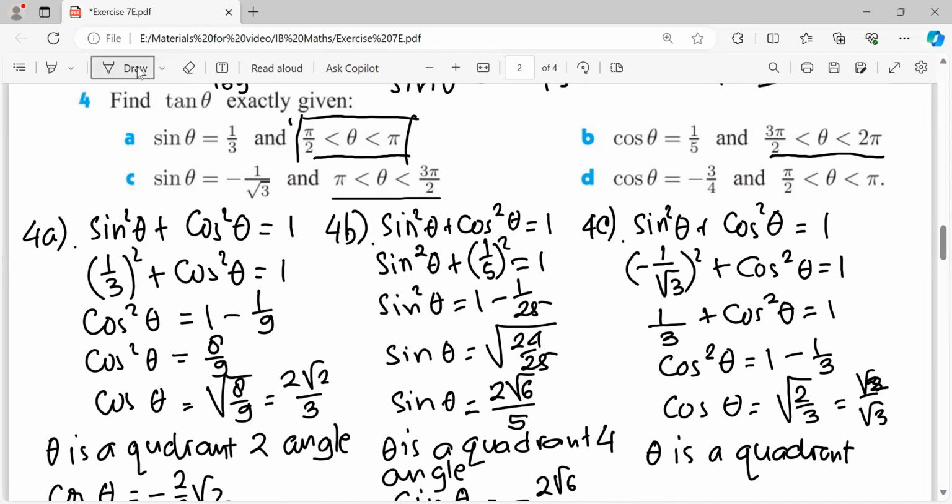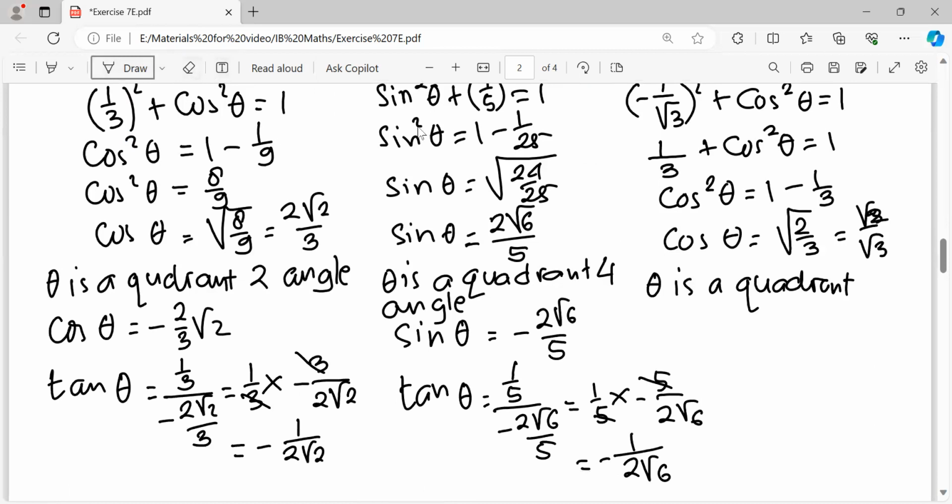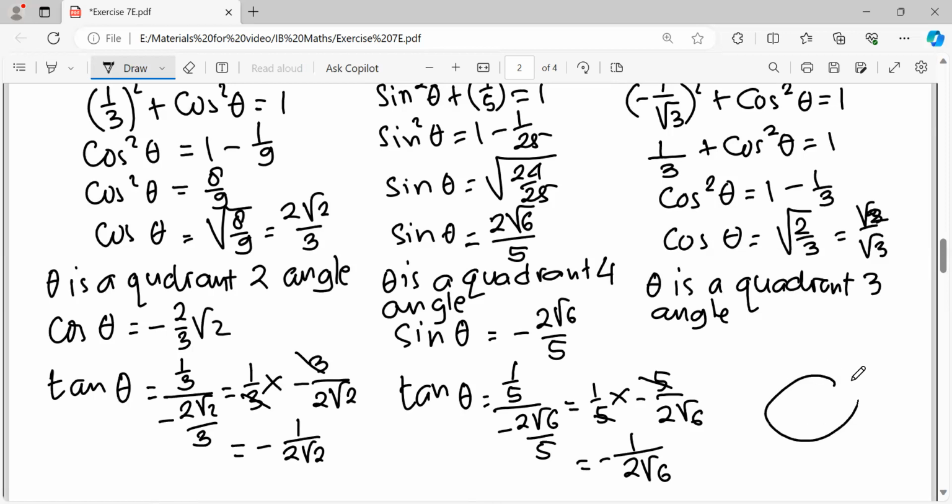So for a quadrant 3 angle, the coordinate point is negative x, negative y.